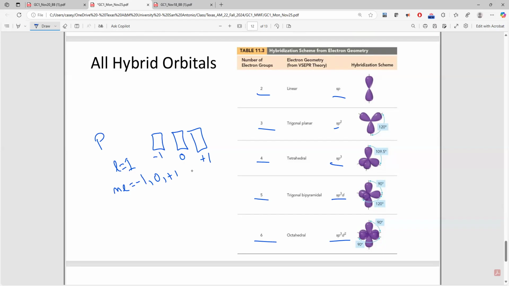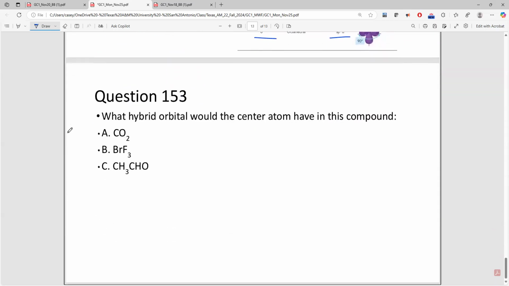So that's what I would like you to know for our test. If I give you a structure, tell me the center atom, what hybrid orbitals could it have? Of course, we're going to do an exercise with that. I'm going to walk you through CO2. So step 1, draw the Lewis structure. For CO2, it looks like that. All right.